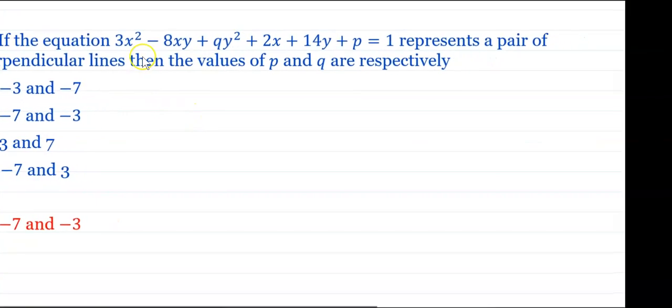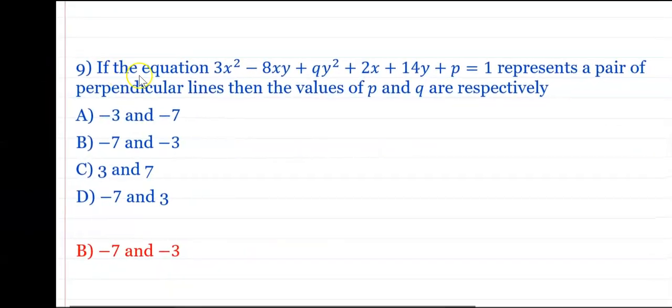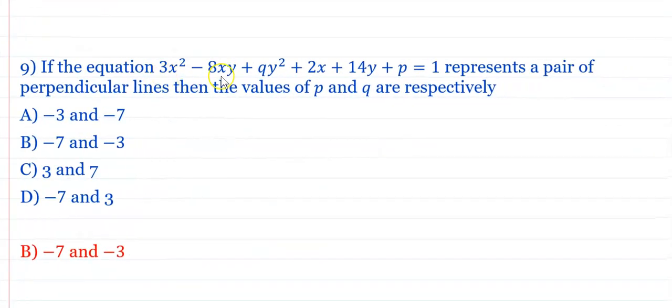Now the next, if the equation 3x square minus 8xy plus qy square plus 2x plus 14y plus p is equals to 1 represents a pair of perpendicular lines, then the value of p and q is. One thing is important here, when the lines are perpendicular to each other, then the coefficient of x square plus coefficient of y square is 0.